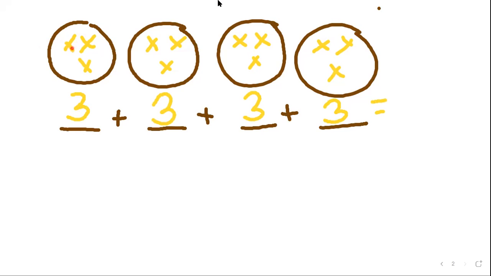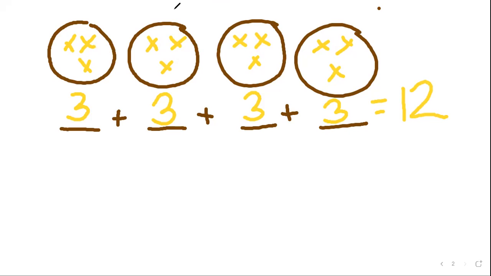Count with me. 1, 2, 3, 4, 5, 6, 7, 8, 9, 10, 11, 12. So my product, or my answer, I guess, in this addition equation, my sum, is 12. 3 plus 3 plus 3 plus 3 equals 12 altogether.